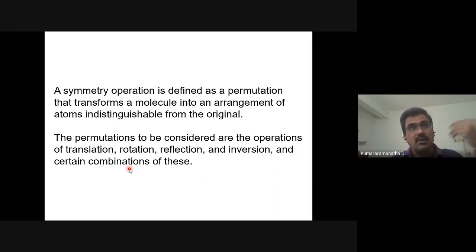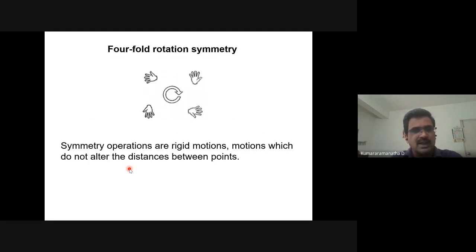Now, especially in molecules, this is the simplest example you can think about: a fourfold rotation. Probably after the class you can try. If you take your hand and do a 90-degree rotation, 180, 270, and then 360, you retain the hand in the original direction.